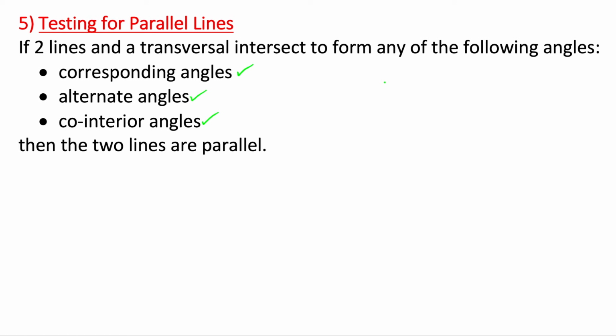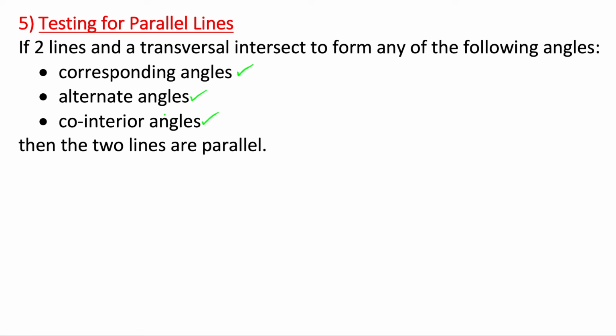So instead of having to waste a lot of paper in extending those lines forever, if we measure the angles that they're forming with a transversal and see if they're forming either a corresponding angle, an alternate angle, or a cointerior angle, then we will know that they will be parallel lines.